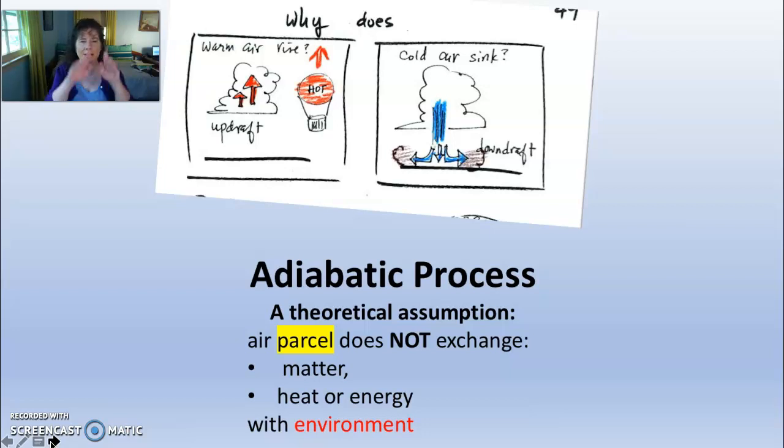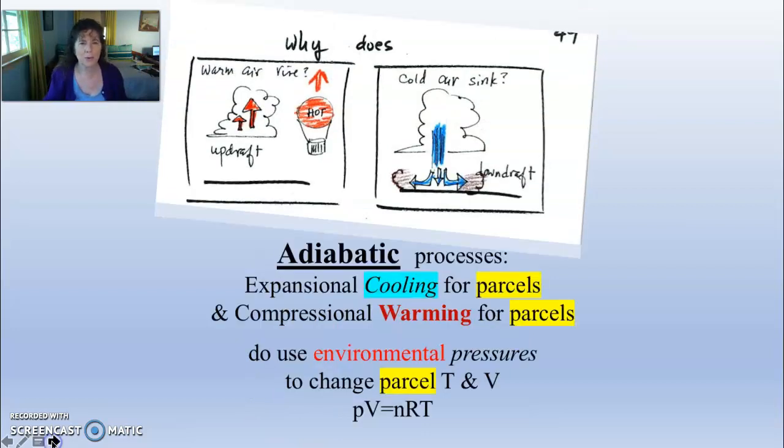The assumptions are that that little balloon does not exchange any matter, so any molecules, and does not exchange any heat or energy with the outside environment. It's its own little balloon.